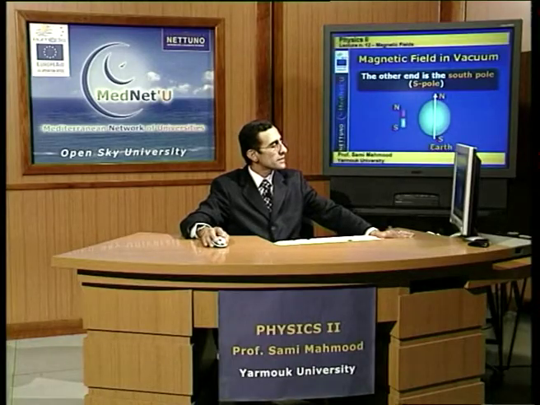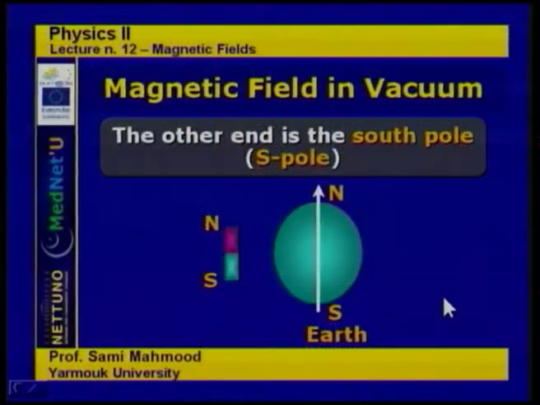And this is what we have. If this is Earth, and this is the geographical north, and this is the geographical south, if we have a bar magnet that is free to rotate, then always one end of it would point towards the geographical north, and it's called the N pole, and this other pole is called the S pole.